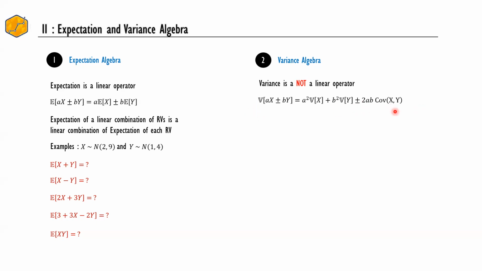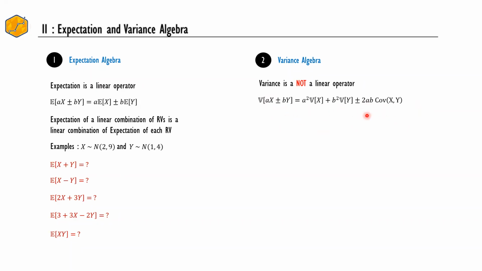By no means is it a linear combination. If it had been, the formula would have been variance of this is a times variance of X plus minus b times variance of Y. That is not the case. It's a completely different formula. It's not a linear operator. Please remember this.